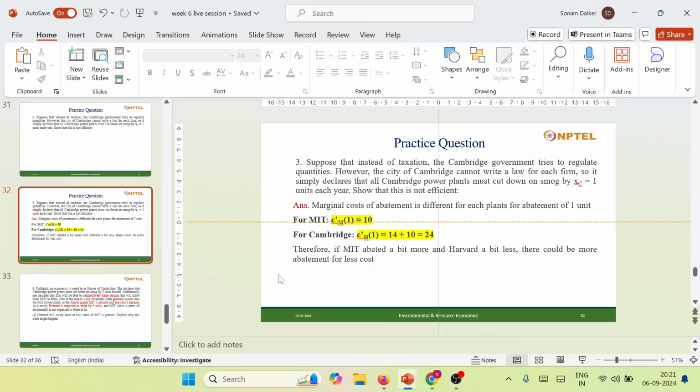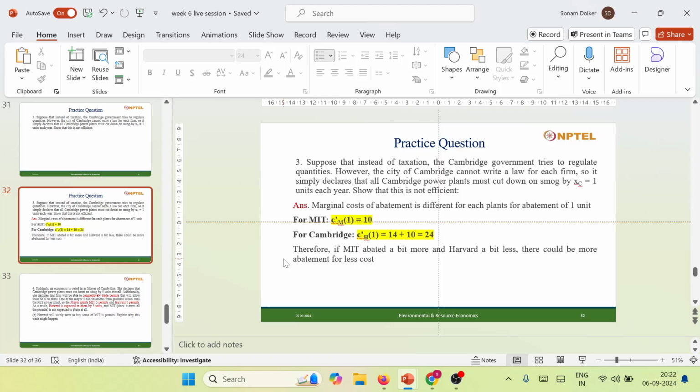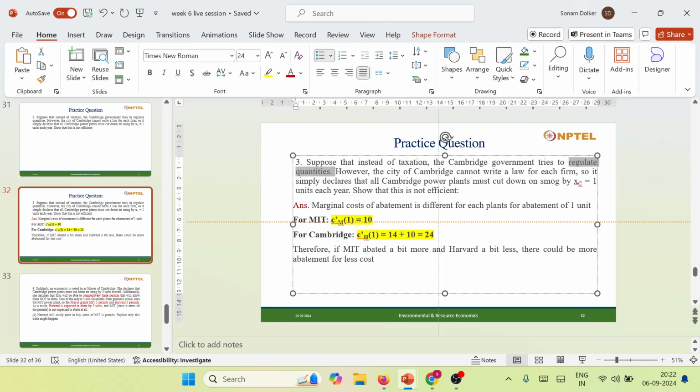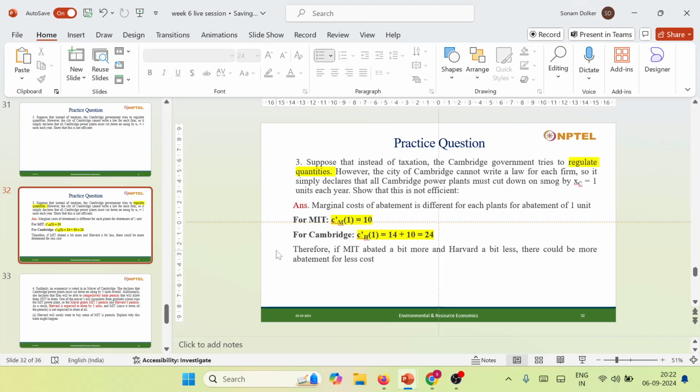So this is the case where uniform standard is imposed, and each of the plants has to incur a different cost, right? So that's why we can say that the overall system is inefficient. So we have to show that this system, where each of the plants is mandated to reduce a certain quantity, so we are regulating the quantity, is ineffective. That is what we have shown here.